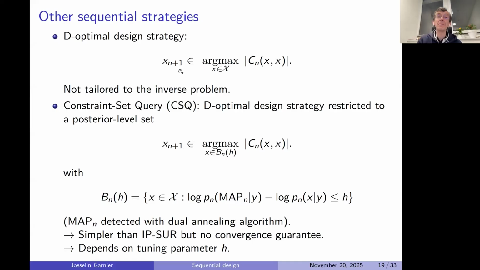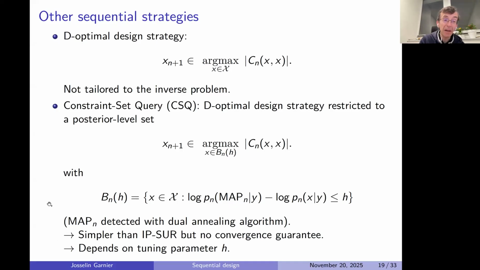It makes sense to call the function f at this point to reduce the uncertainty in this region. That will give you a lot of uncertainty reduction. But of course, it's a standard one, but it's not tailored to our inverse problem. It's a little bit stupid if x is very far from the support of the posterior density, because you will reduce the uncertainty of your metamodel in a region that is completely useless.